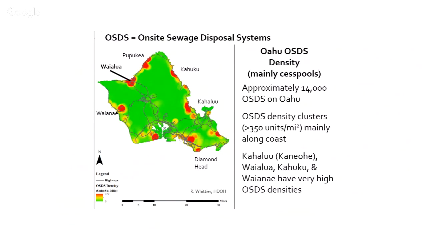All private homes have these, and that's where the waste from your house is stored. The main thing to note here is that all of the hotspot areas in Waianae, Waialua, Kahuku, and Kahalu are coastal areas. There are approximately 14,000 OSDS on the island, and the majority of these are cesspools.